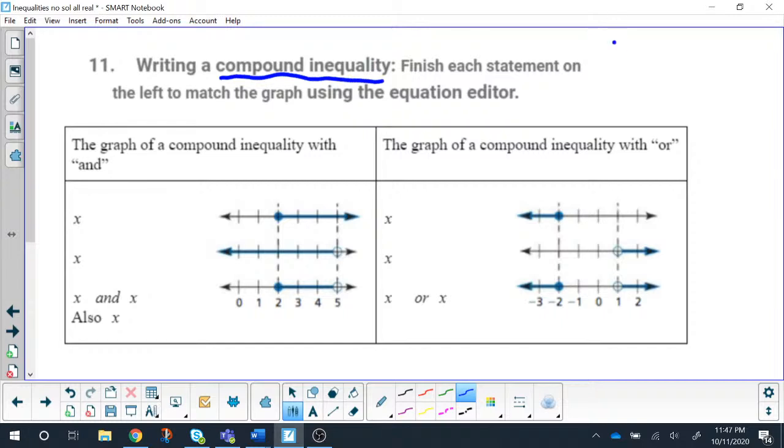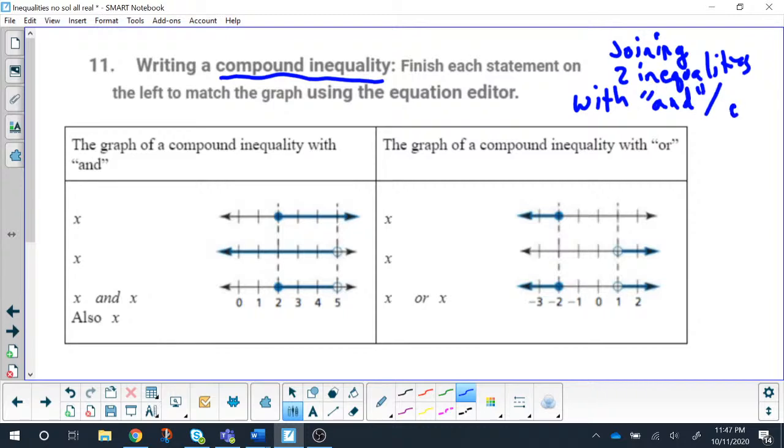It's just joining two inequalities with the conjunction and or or. So let's look at what this looks like.